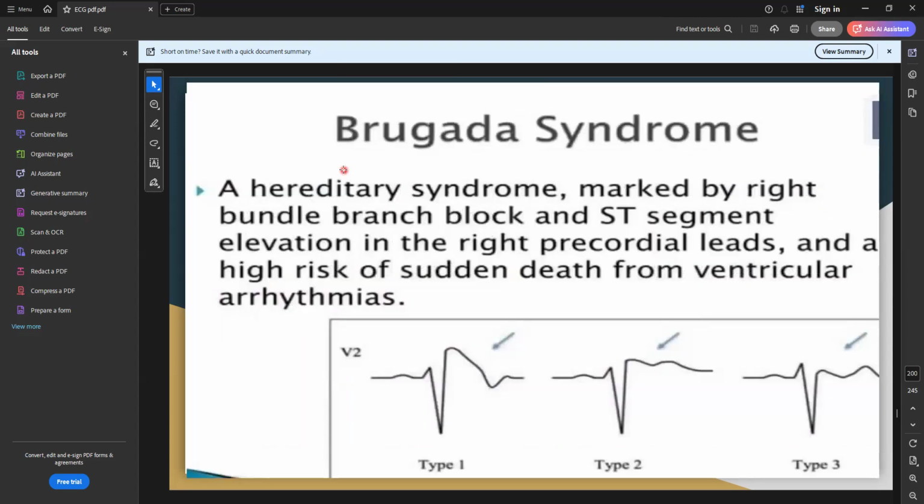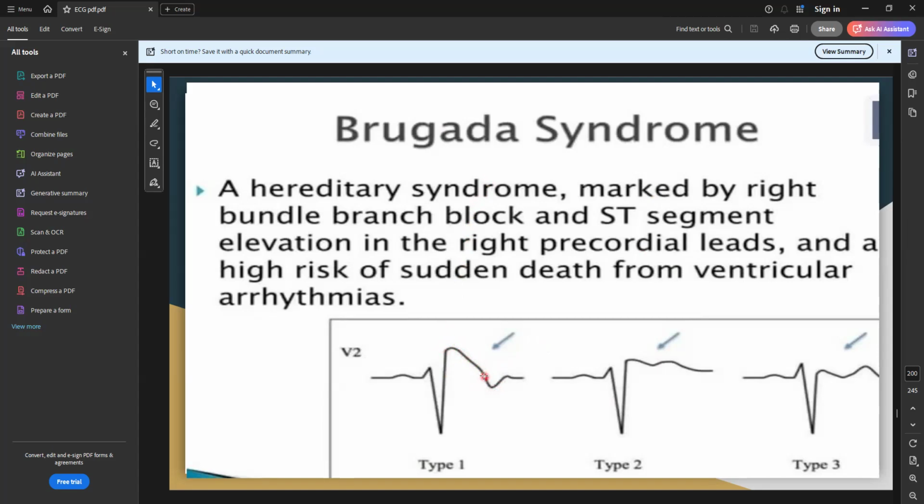Let me tell something about the Brugada syndrome. It is a hereditary syndrome marked by the right bundle branch block and ST segment elevation in the right precordial leads. The peculiarity of this Brugada syndrome is that this ST elevation looks like a saddleback or coved ST segment. This is the ST segment, this is the T wave.